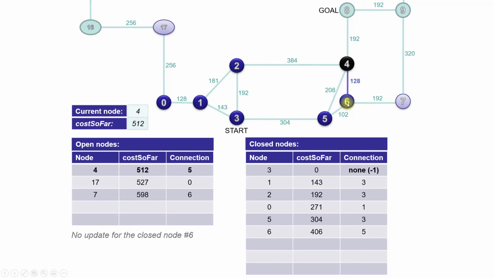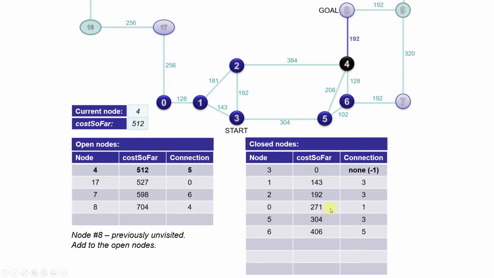Number 6, another closed one, no updates. And number 8, which is incidentally our destination, our goal node, but for now it's just an unvisited node, so it's been added to the open nodes with cost so far 704 and connection to the current node number 4.